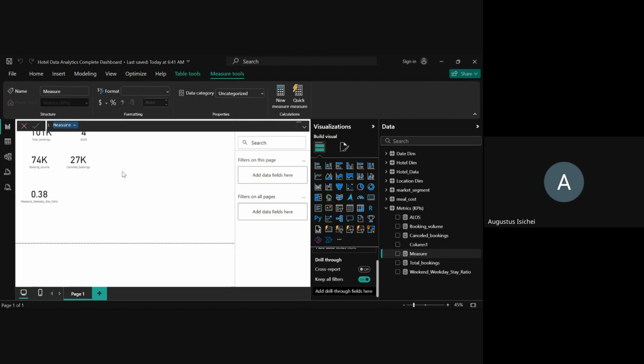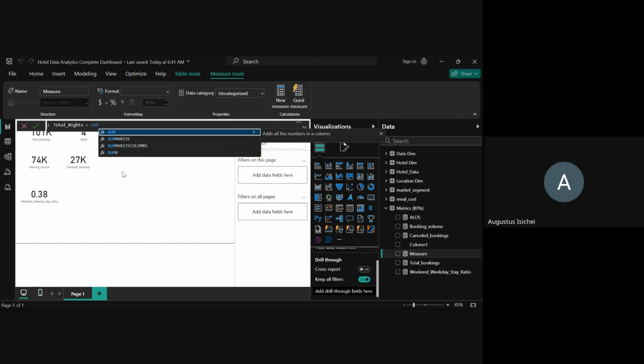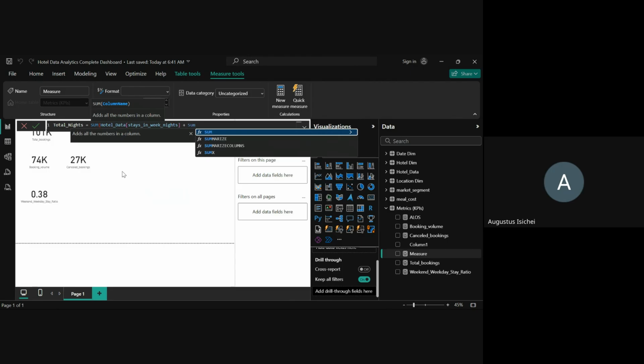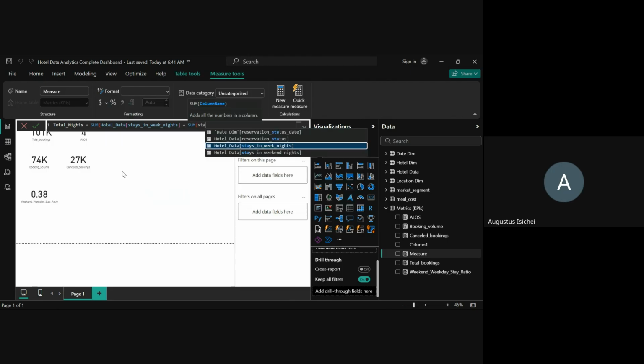So total_nights equals the sum of stays in weeknights plus the sum of stays in weekend nights.